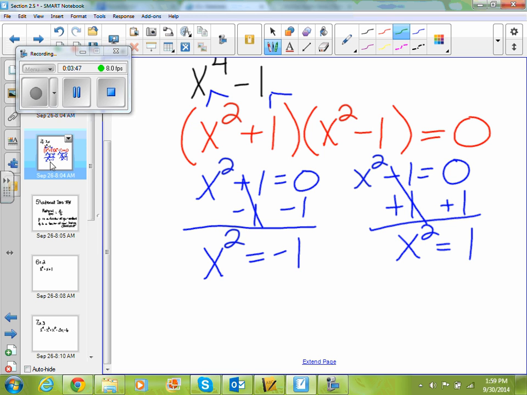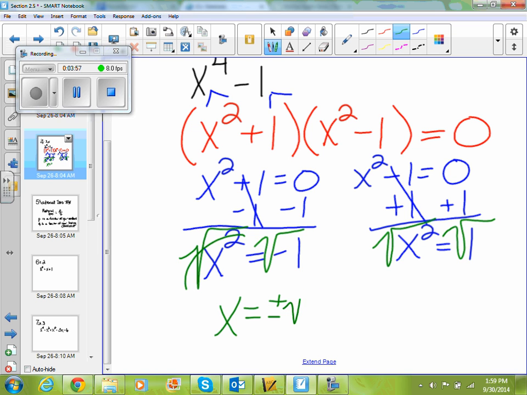Then to get rid of my squares, I take the square root. So I get x equals positive or negative square root of negative 1, and x equals positive or negative 1, because the square root of 1 is 1.